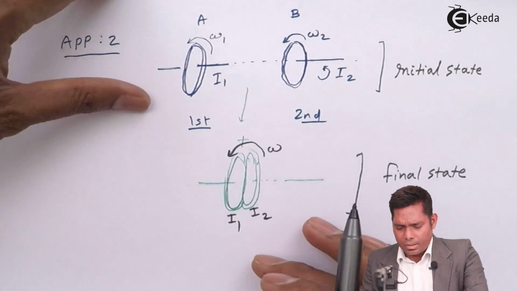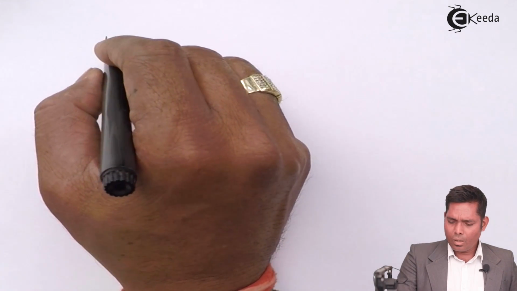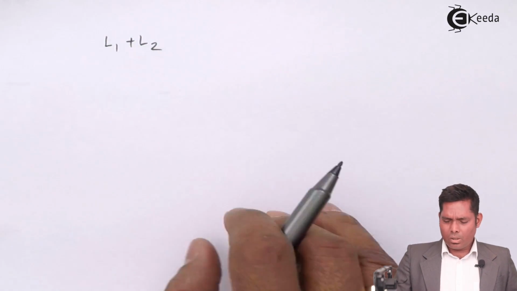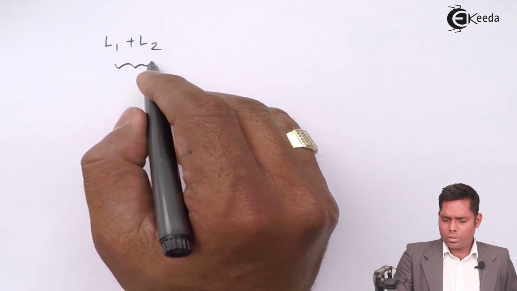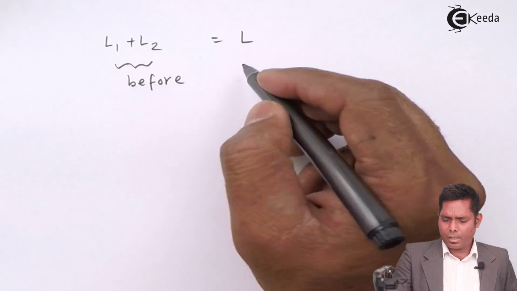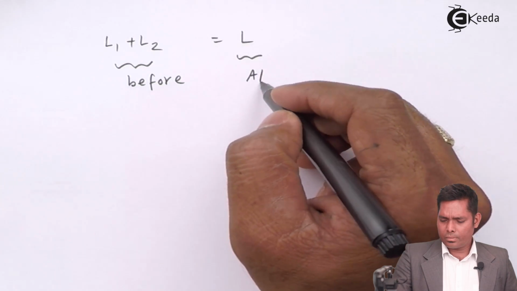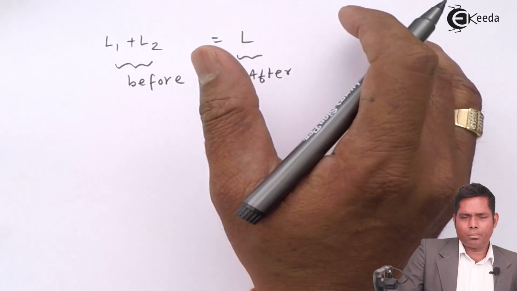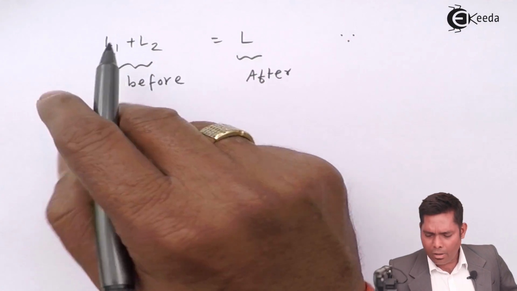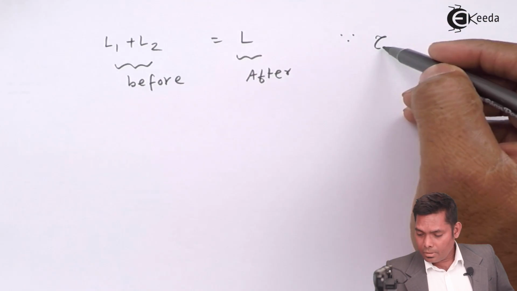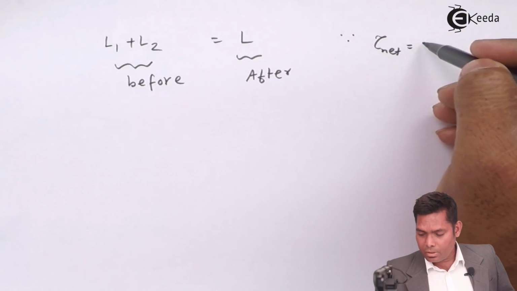In the initial state, the angular momentum will be L1 plus L2, that is before, and after, suppose L. Now I can equate them, because the net external torque is 0.